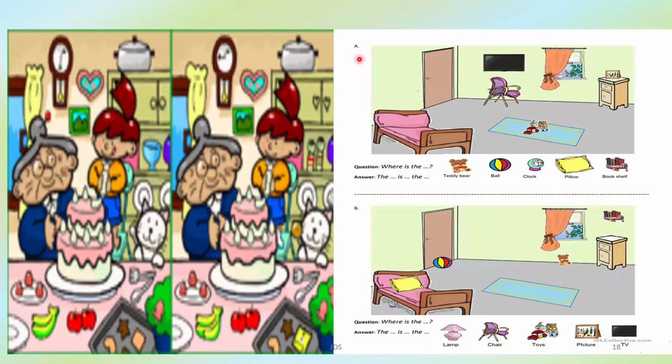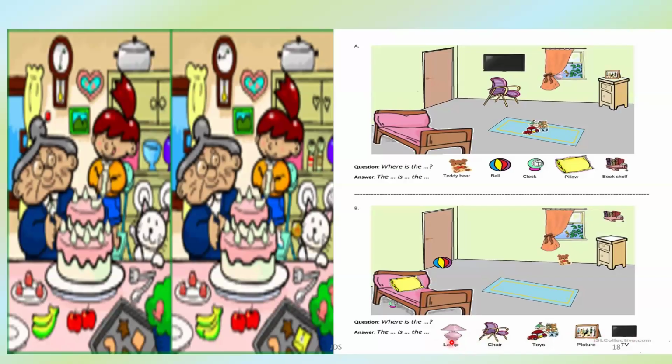So one person will have the A picture. The other person will have the B picture. Now let's assume you are having the A picture and I am having the B picture. Now the task is, I need to find out the objects that are mentioned down here.